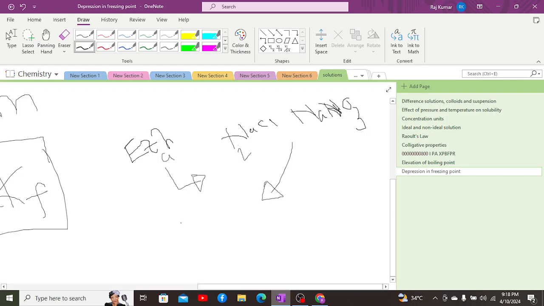There would be a depression in the freezing point of that freezing mixture as a result of the NaCl and sodium nitrate.